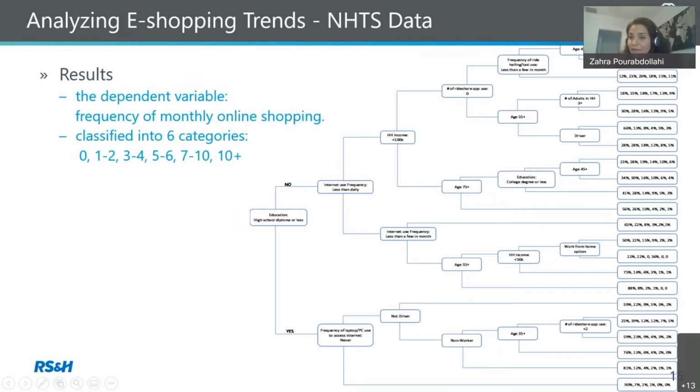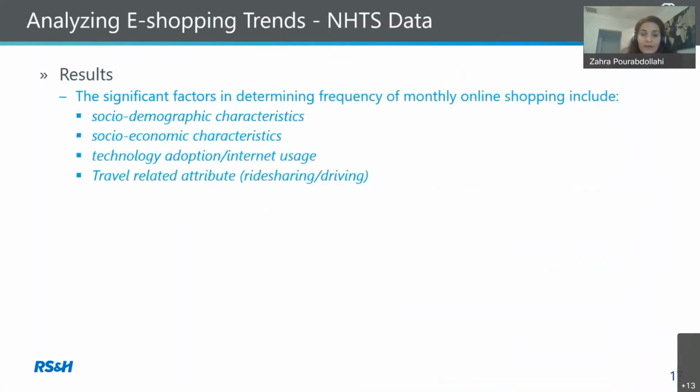And these last leaves, or buckets, show the propensity of each of these groups for shopping with each of these frequencies. Based on the result, 4 types of variables were found to be significant in explaining the frequency of online shopping.